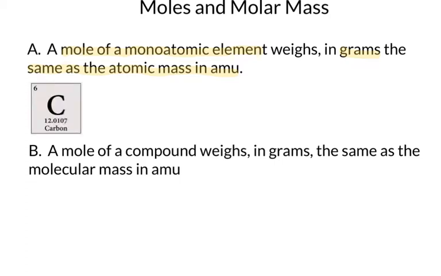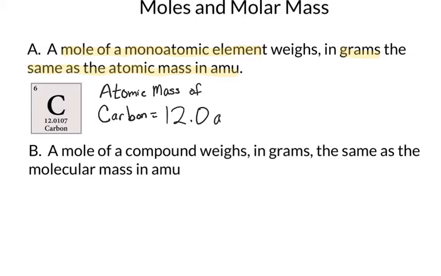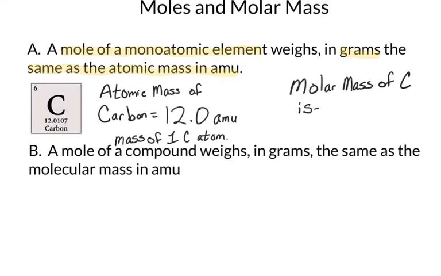And of course you would look at your periodic table and you would see it says 12.0, and then we would add in AMU because we're talking about a single atom of carbon. If I have a whole collection of those and I have 6.02 times 10 to the 23rd atoms of carbon, we find that the molar mass is 12.0 grams, which of course helps to explain why Avogadro came up with this really funny number, 6.02 times 10 to the 23rd, and called it a mole.